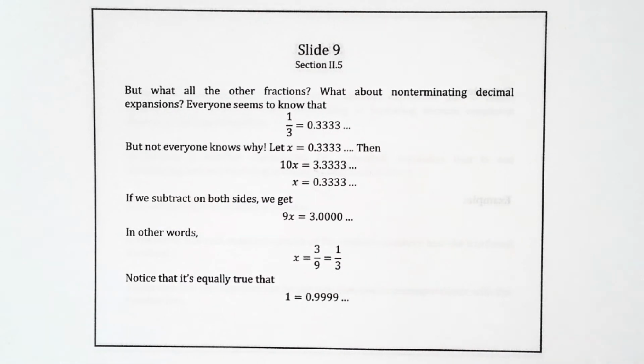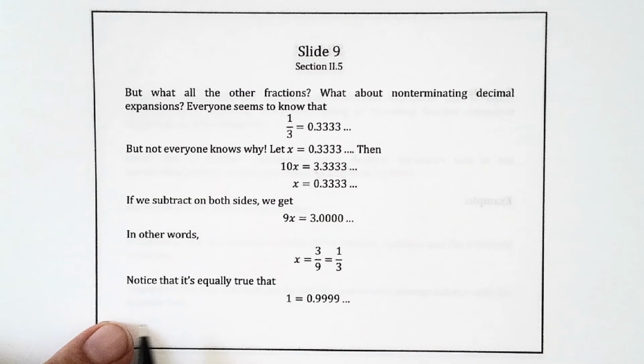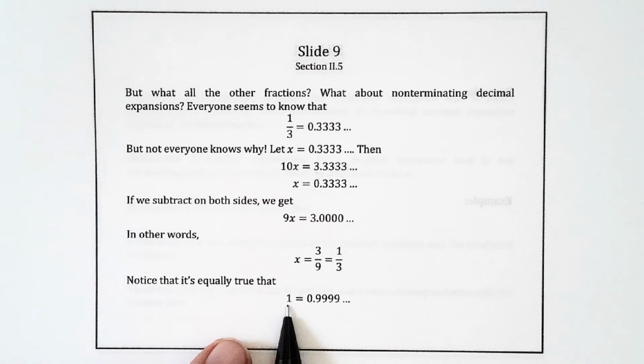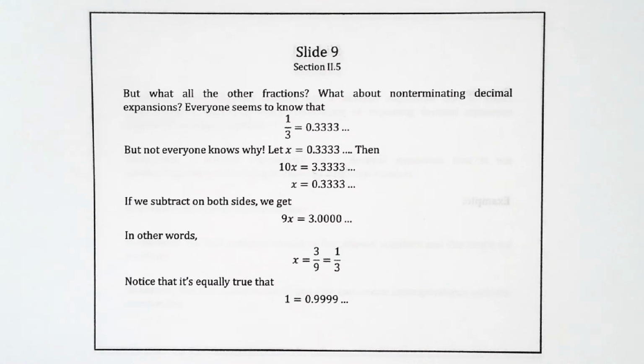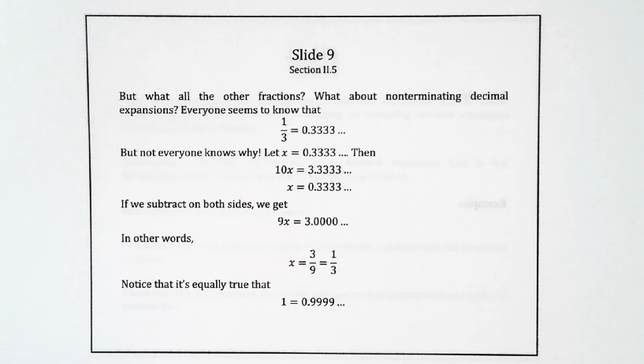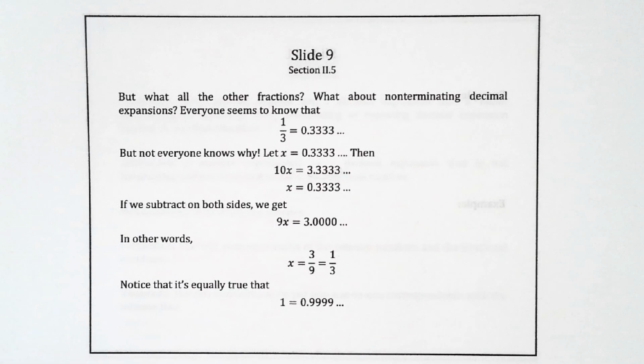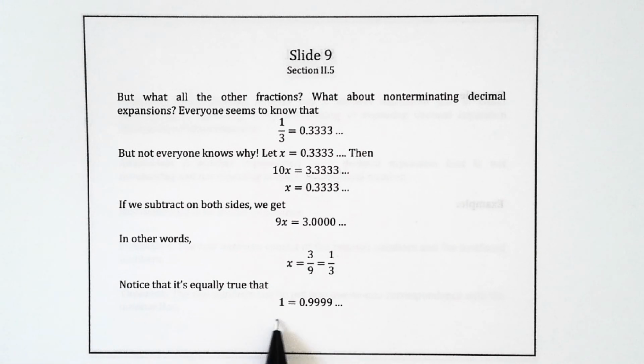So it's strange, but true, that the number 1 is actually exactly the same as 0.999999, where the 9s keep repeating. That strikes a lot of people as strange, because it seems like this would have to be less than 1. But actually it's not. They're exactly the same.